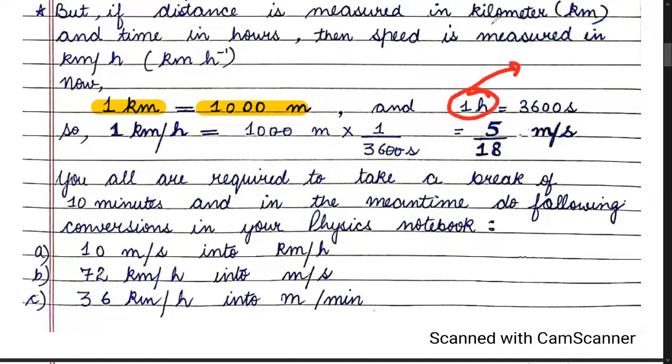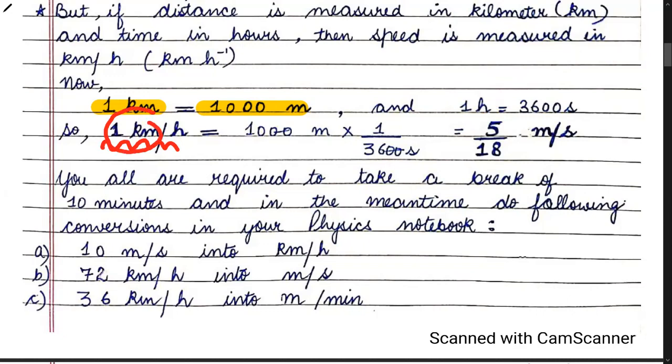Similarly, in an hour, we are having 60 minutes and 60 seconds. So we can say that in an hour, we are having 60 into 60 seconds. 60 multiplied by 60 seconds comes out to be 3,600 seconds.